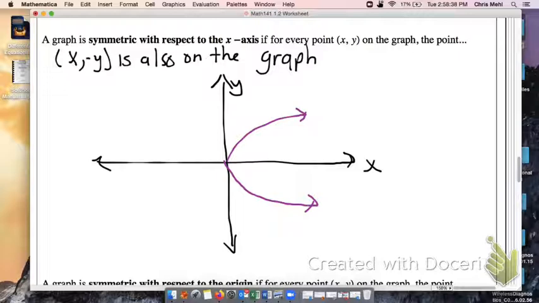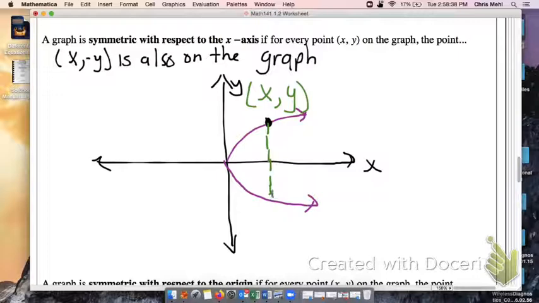Now, if you take any point on this graph, supposedly symmetric with respect to the x-axis, I'll use a different color there, if you don't mind. If anybody has any issues with any of the colors that I use, just make sure you let me know. So if I take the point with coordinates (x, y), now this time, notice there's a symmetry about the x-axis.